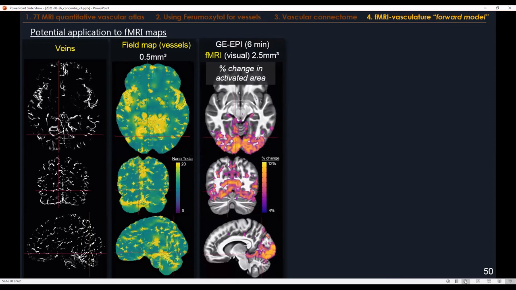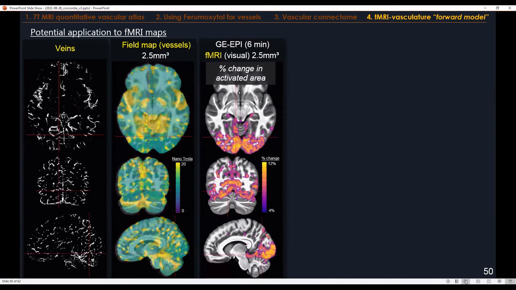If you look at the field map and you remove the vessel, you get the field map as you see here. And then if you put it at the same resolution as the fMRI, you get this map here. And if we mask the region of the field map related to the activation of the fMRI, you get this field map here.